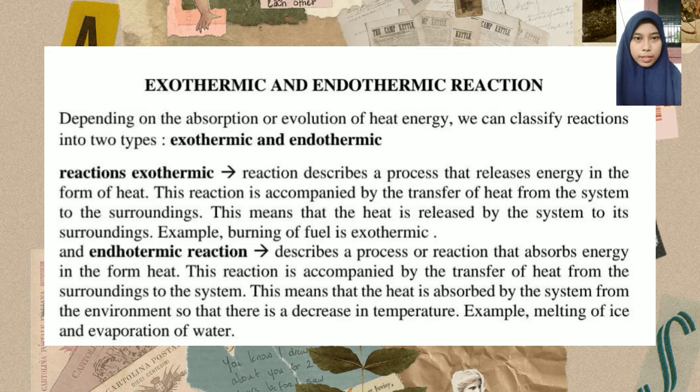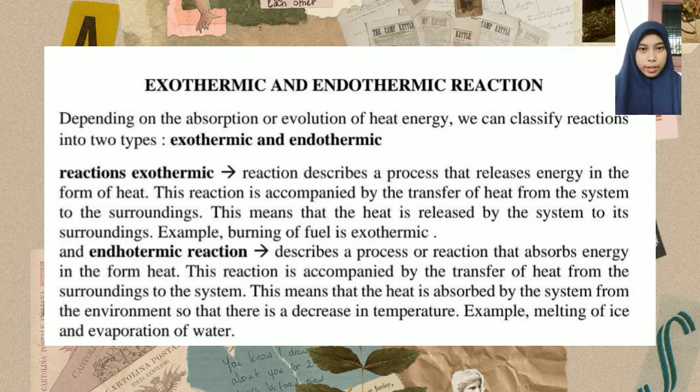This reaction is accompanied by transfer of heat from the system to the surroundings. This means that the heat is released by the system to its surroundings. For example, burning of fuel is exothermic.